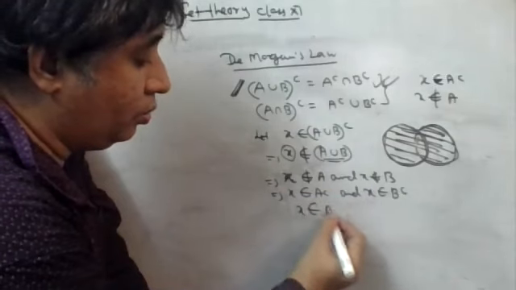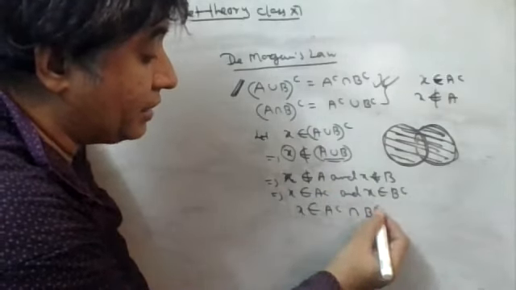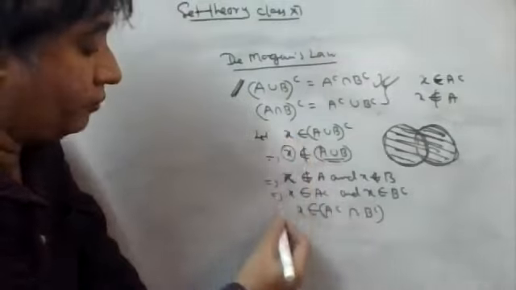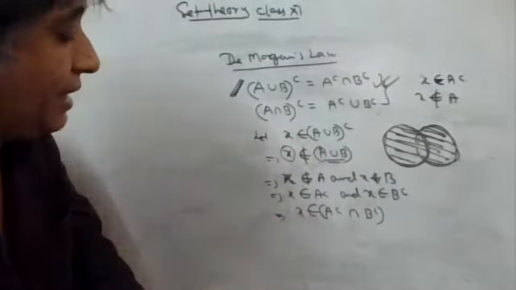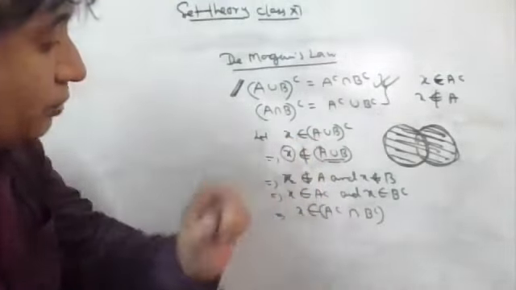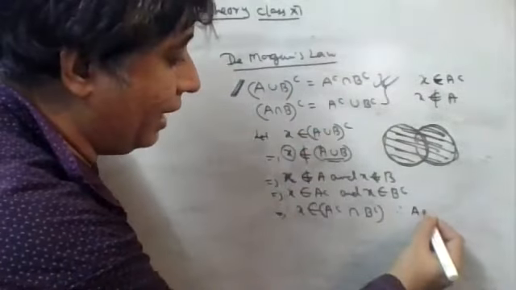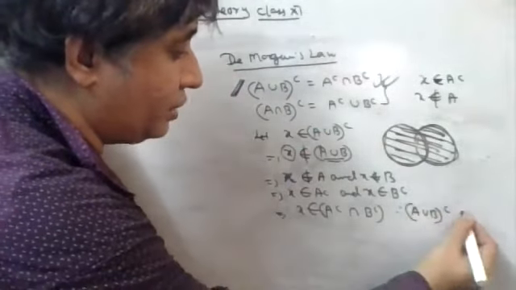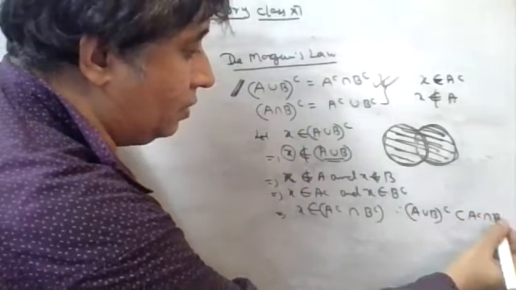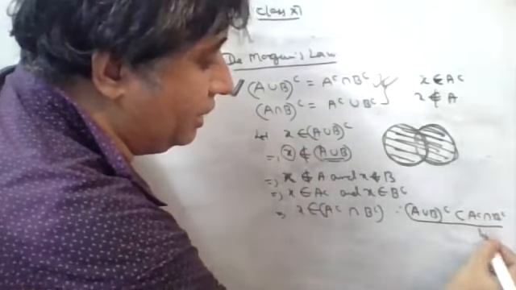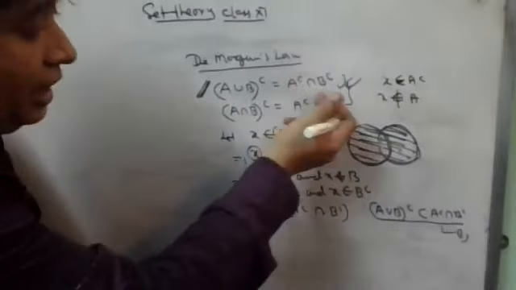Now X belongs to A complement intersection B complement. So using the previous concept, I can write this is the subset of this. Therefore again I can write this is the subset of this. This is result 1. Now start from the right hand side.